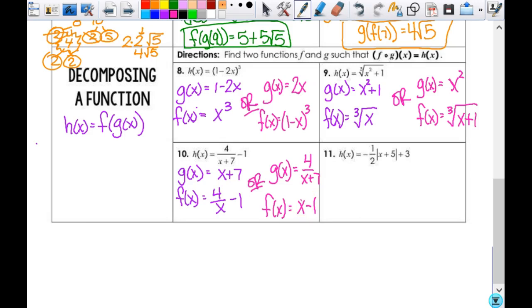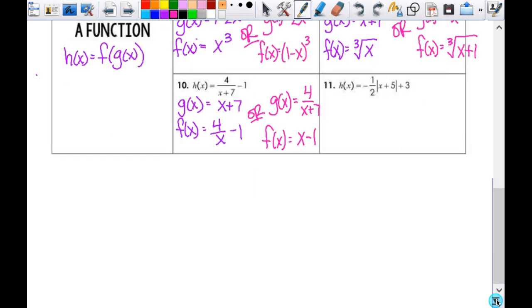All right, last one. I think we got more than just 2 options here. All right, so g of x. Oh, come on, board. G of x and f of x. The easiest way, I'm not going to make you come up with all 3 if there's 3. I just want you to see that there's more than one answer sometimes. We work from the inside out. So if I just take this input, that could be my g of x, right?